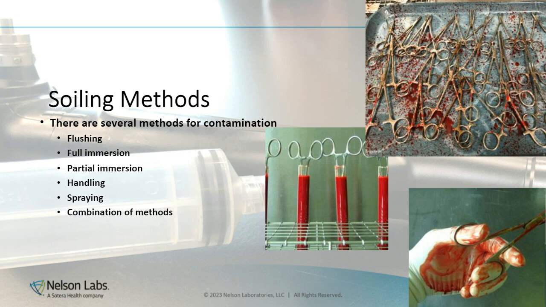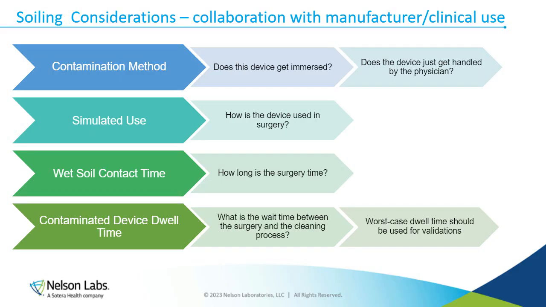And then we will take it a notch up to make it worst case. So that's why we've got a combination of methods here. It's always determined through the contamination method, how it's used, how it's simulated in surgery, what the soil time is, how long it is used, and then once it's done, how long can it sit? So those are the things that we consider with manufacturers when we're designing a cleaning validation for these devices.